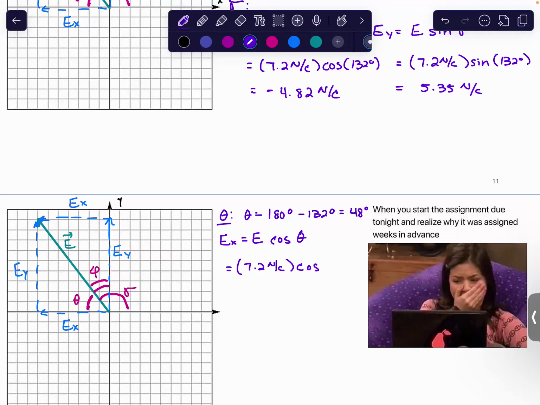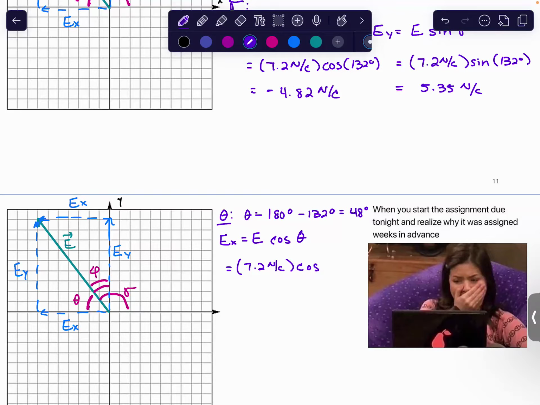You already see that the x is pointing that way, so it's going to have to be negative no matter what you do, by the way it's pointing. However, what's another way we could write that 48 to automatically get the correct sign? If you're traveling from theta to your vector, which way are you moving? Clockwise motion.